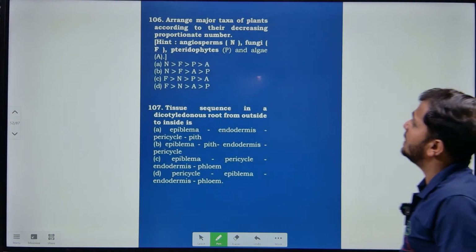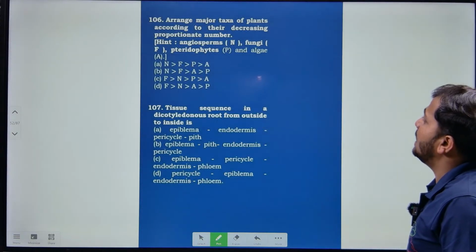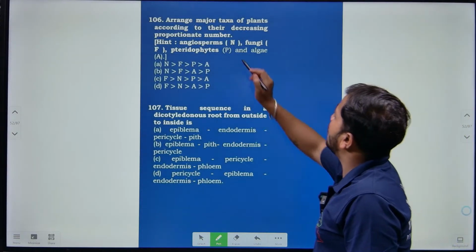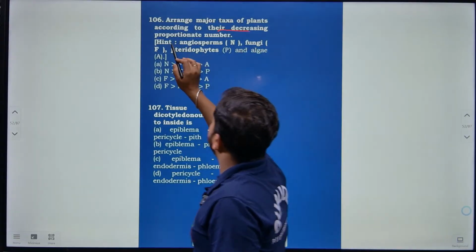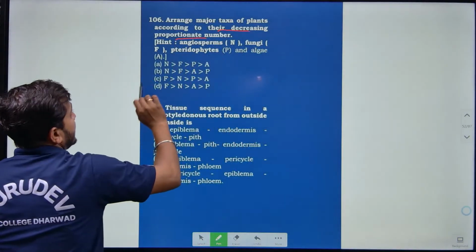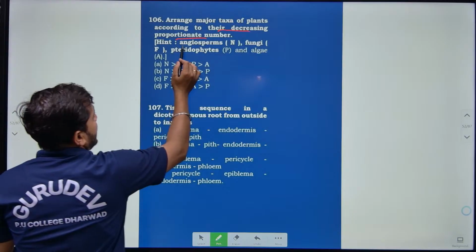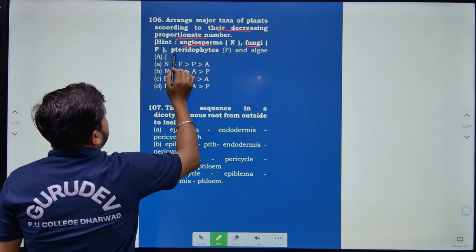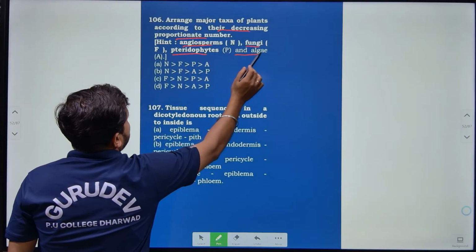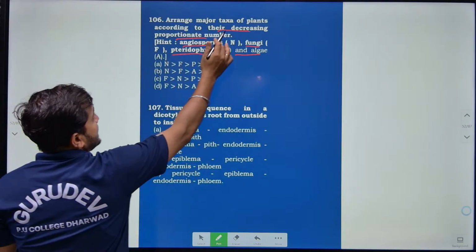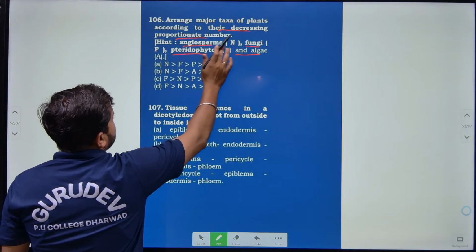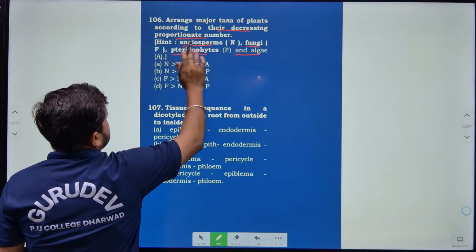The next question, arrange the major taxa of a plant according to their decreasing proportionate number. They have mentioned angiosperms, fungi, pteridophytes, and algae.